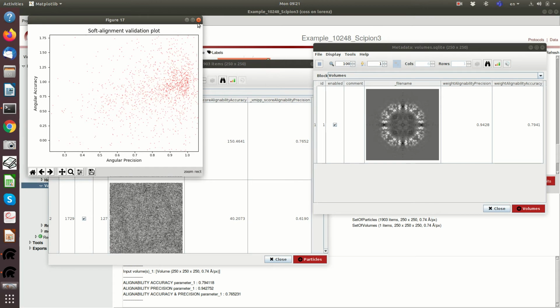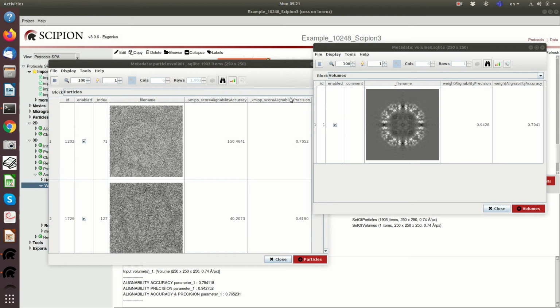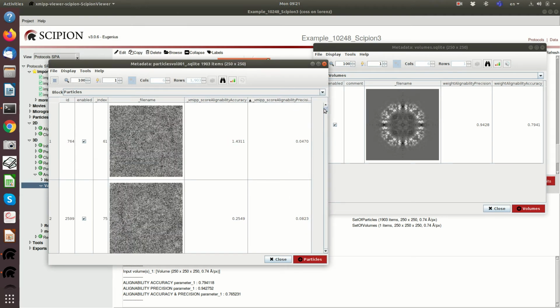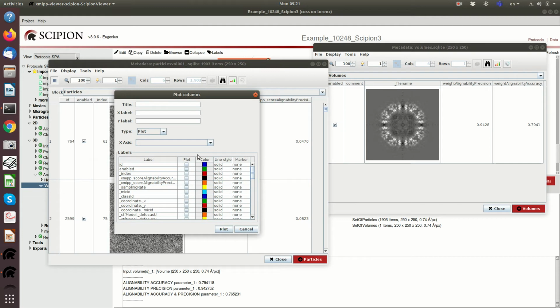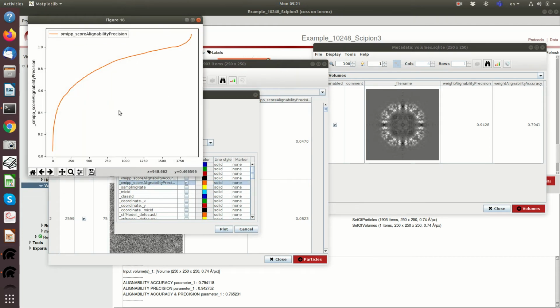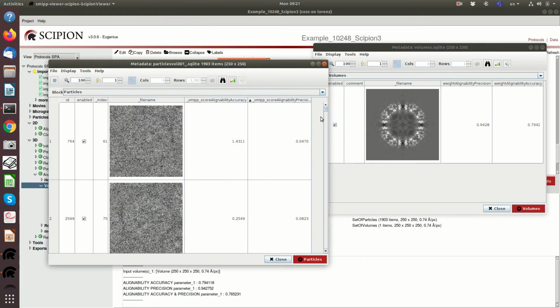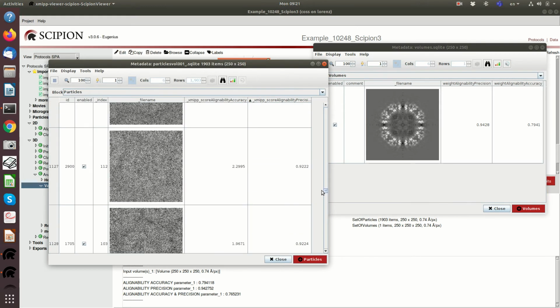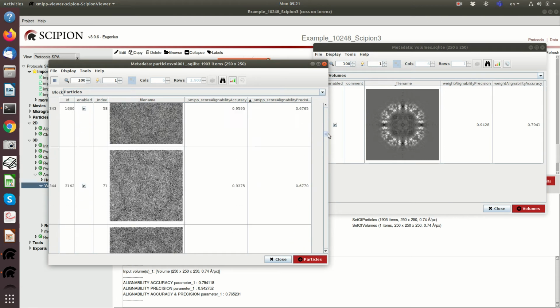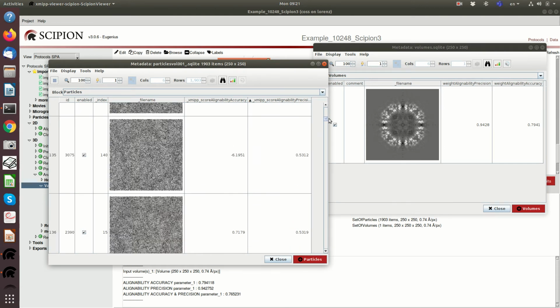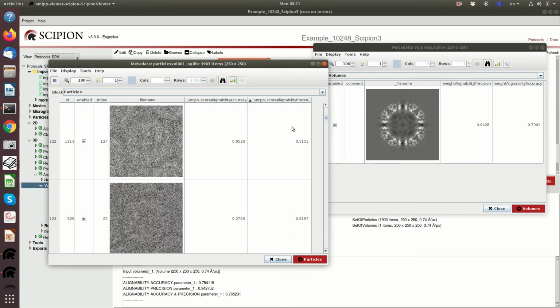So you may now sort by any one of them. Let's sort by this one. We can look at what the precision is. We would choose all these particles above 0.5, and that is what we'll do now. So you go to 0.5, that should be rather early.